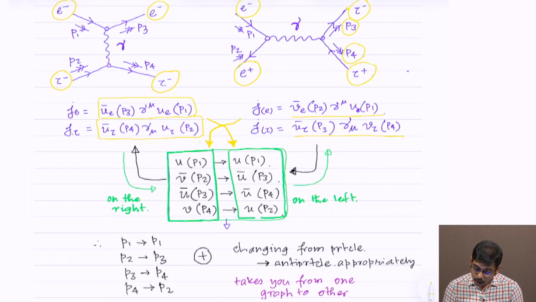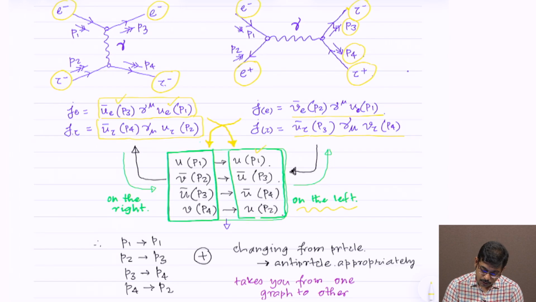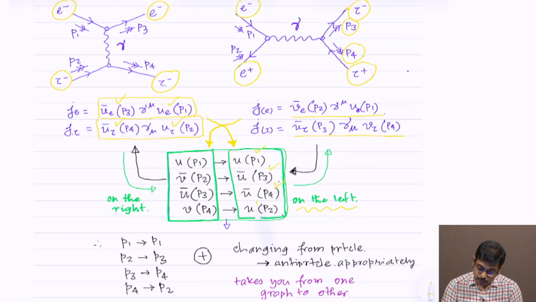So now for e minus tau minus, on the left hand side you have u_e P1, u bar P3, u bar P4 on the left, and u P2.